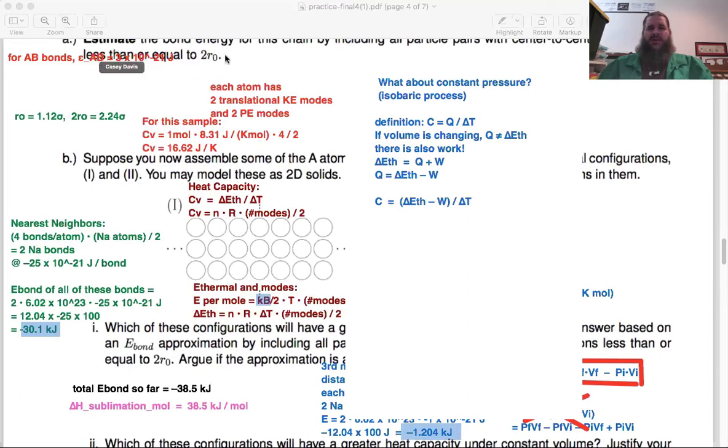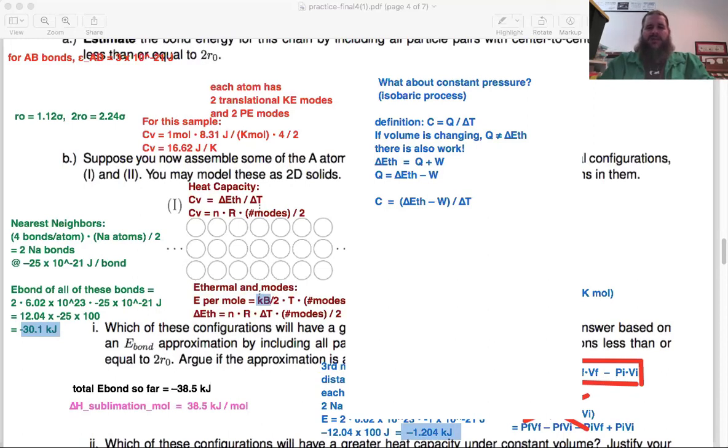What is the usual formula for work if the pressure is constant? If you just got a flat line on the PV graph, what's the amount of work? Yeah, pressure times delta volume. And also with the negative sign, because if the volume's increasing, then you have a negative amount of work. If the volume's decreasing, you have a positive amount of work.